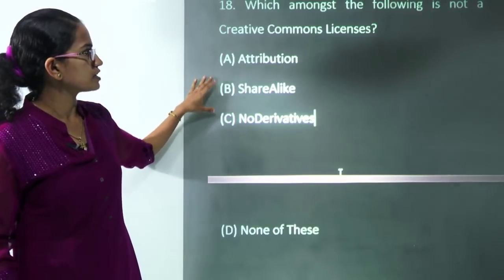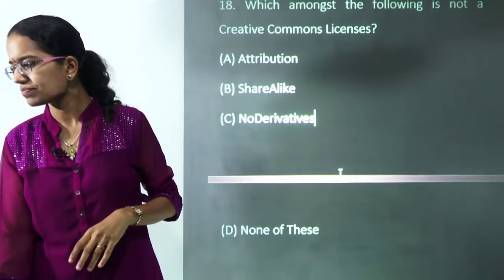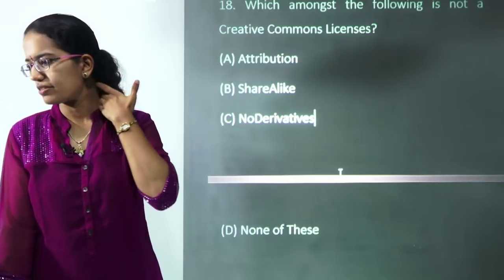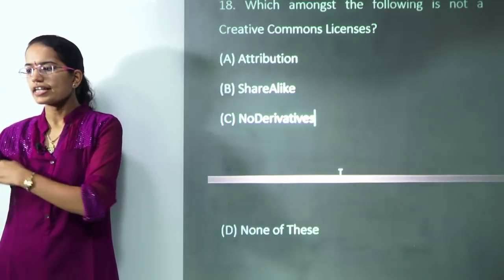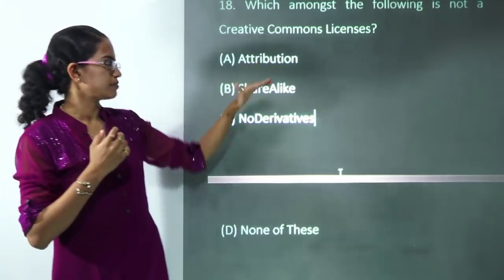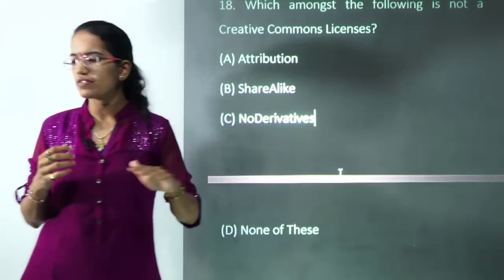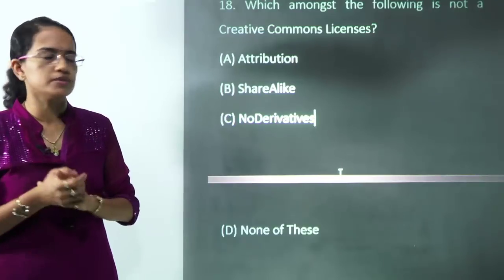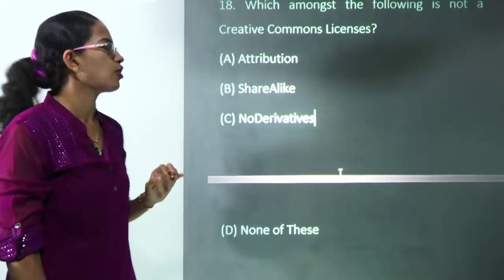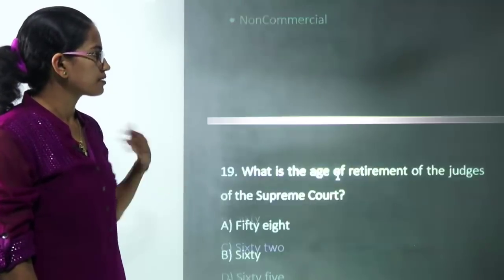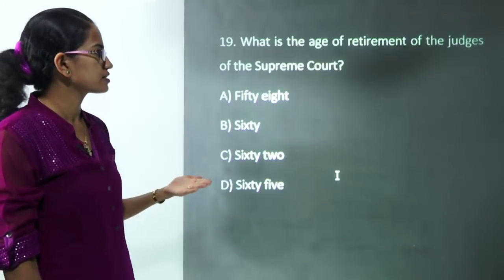So D, correct. You have all of those: attribution, share alike, no derivatives, and non-commercial. All those four are considered under the CC license, that's the Creative Commons license. Very important topic both for your political science as well as computing section.